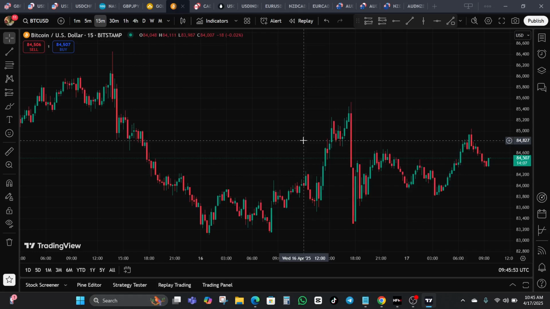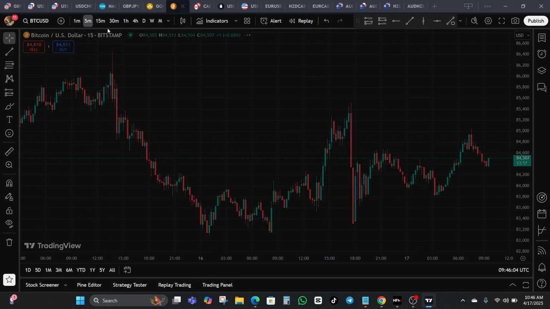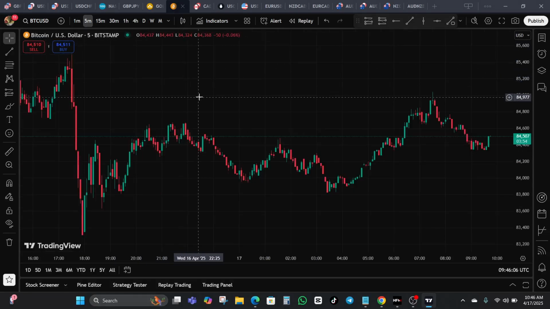We are not holding trades for hours or days. So this strategy is designed for quick entries and exits, typically on the 5-minute time frame. Okay, so this is perfect if you want to catch fast moves in Bitcoin, Ethereum, or even low cap altcoins.